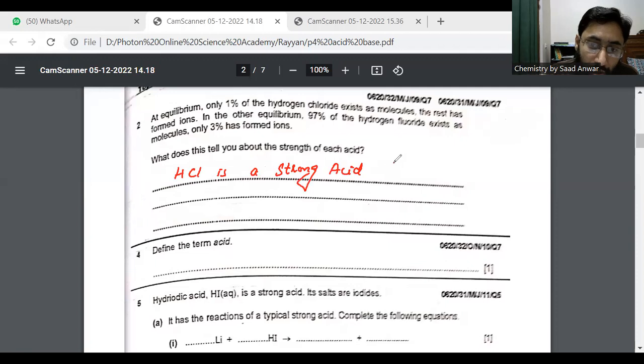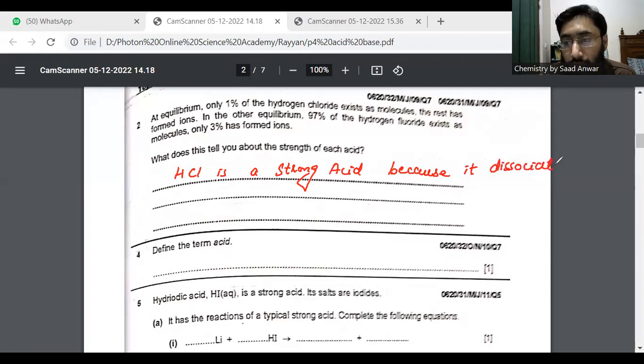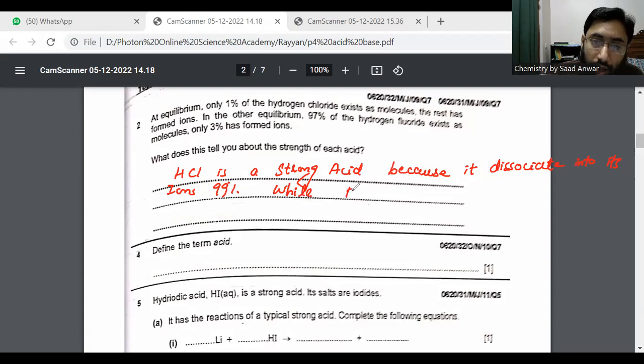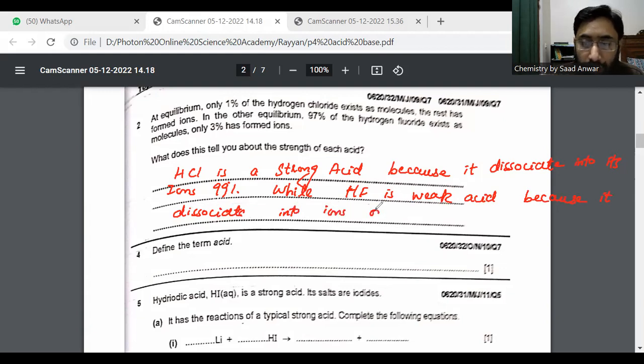HCl is a strong acid because it dissociates into its ions, 99%, while HF is a weak acid because it dissociates into ions only 3%.